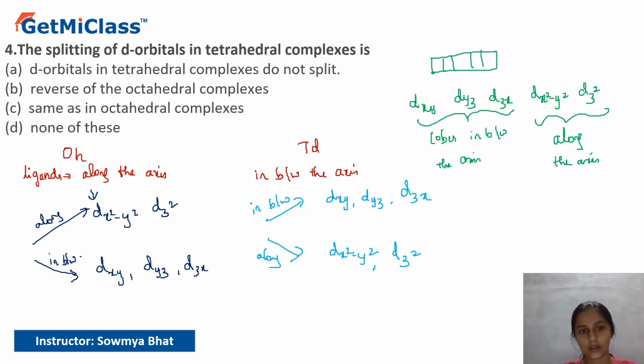If you observe these two types of splitting, it is the reverse, where you can see this particular thing that's called the eg and t2g levels here, but here the t2 goes up and e comes down. So the answer would be reverse of octahedral complexes. The reverse of octahedral splitting is seen in tetrahedral complexes.